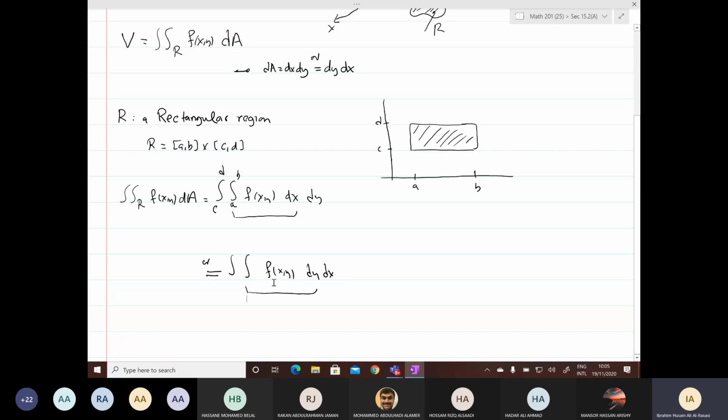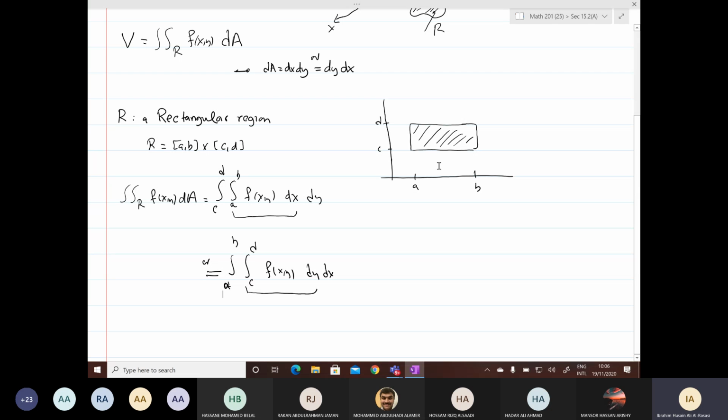The inner integral is with respect to y, so I choose the y interval, c to d. The outer will be from a to b. So this is how we integrate when R is a rectangular region. This is what we did previously.